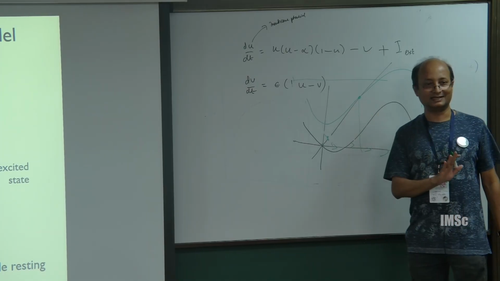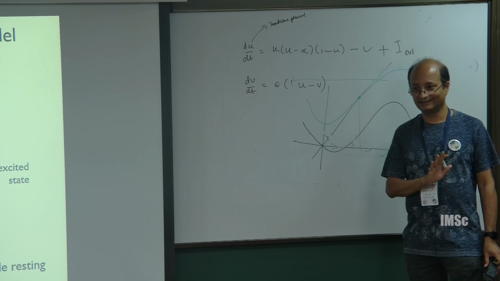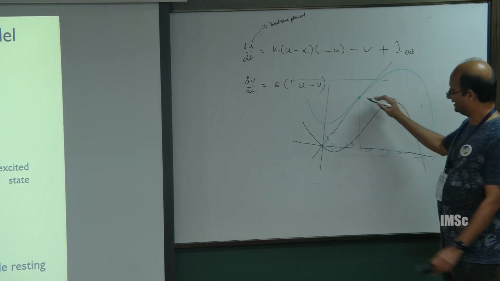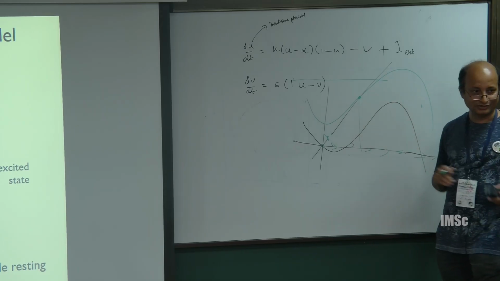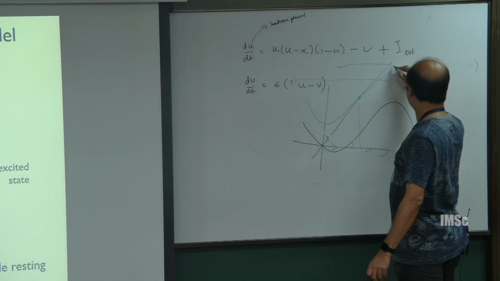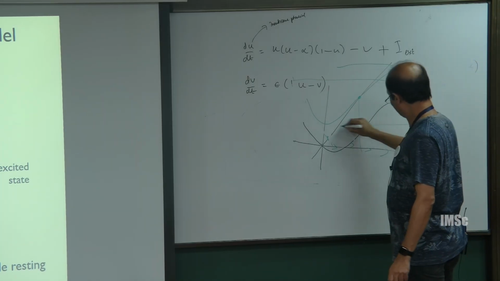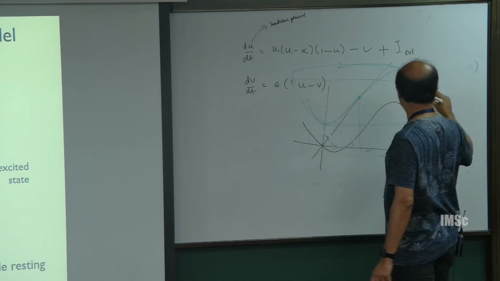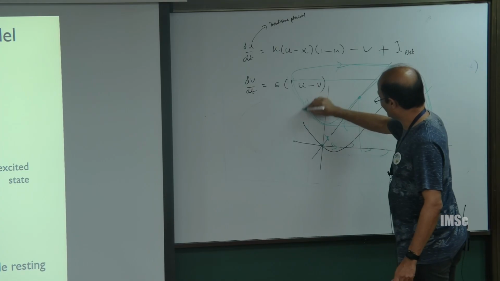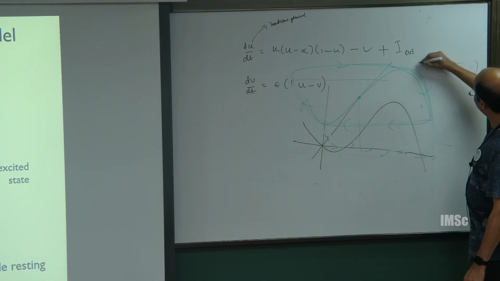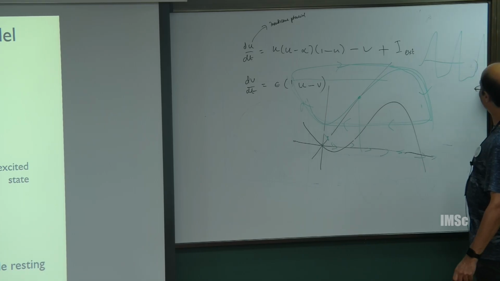Now if this is unstable, what will happen? It cannot stay here because it's going to be pushed out. So you are going to get settled into what is called a stable periodic solution, or a limit cycle. So it will go round and round. What you will find is basically a spike train.